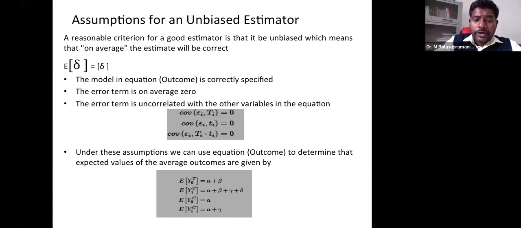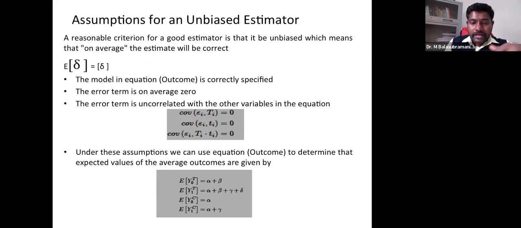For y1t, after intervention, what factors can affect it? After intervention, two more coefficients are added: gamma, which indicates the time factor, and delta, which indicates the actual combination of both time and the technological intervention.